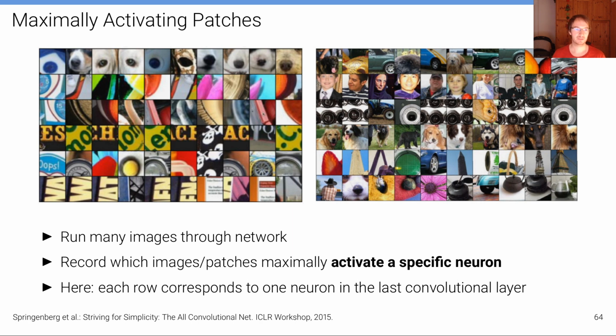And this has been done here, and you can see each of these rows is a different neuron in the neural network, somewhere in the middle of this neural network. And you can see that different neurons respond to different inputs, but in a way that there is some semanticness to it. So for instance, this neuron here detects round things like eyes and noses, or this neuron here is somehow responsible for detecting text.